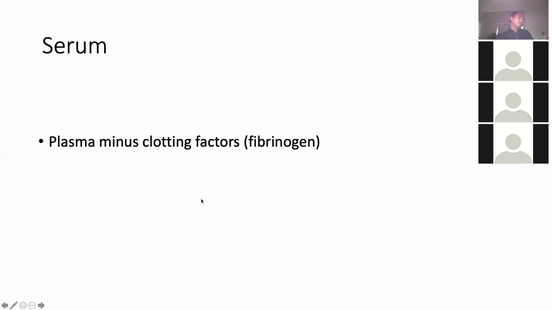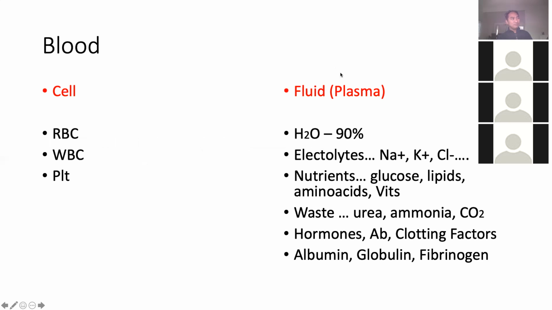Serum is equivalent to plasma, but we have to remove the clotting factor. So this is the plasma. If we take this clotting factor out, and leave all the rest, then that is called serum.